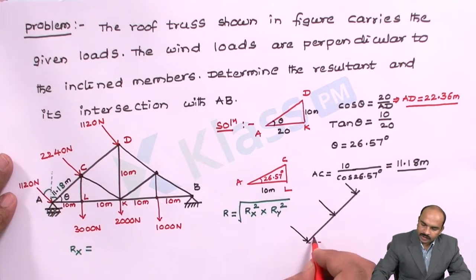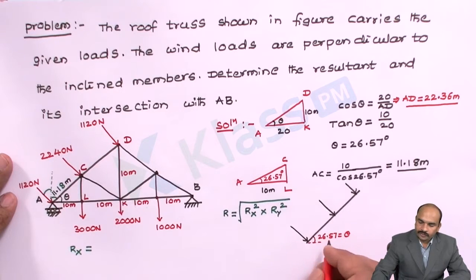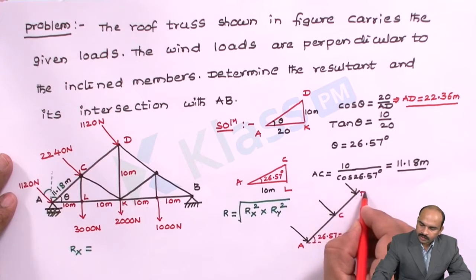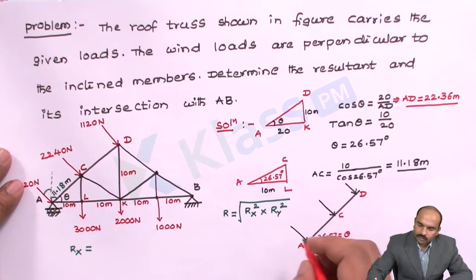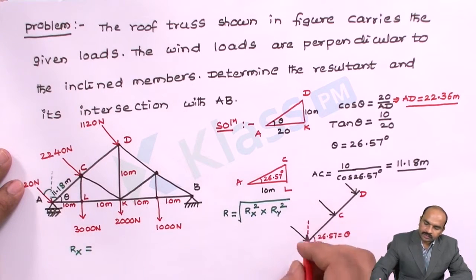See, we know this angle is theta, that is 26.57. This point is A, C, D. Now let us draw a vertical line.